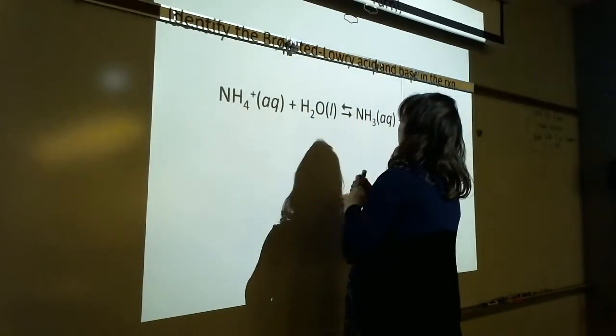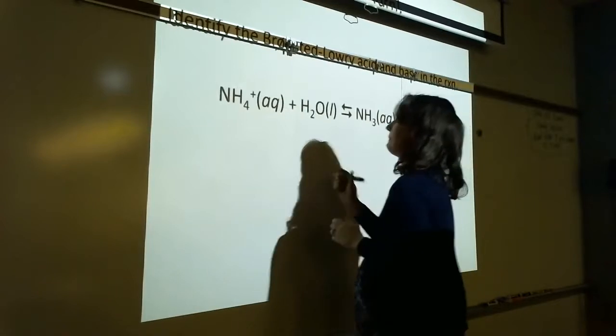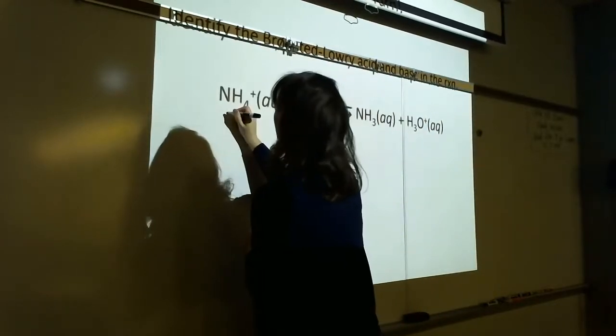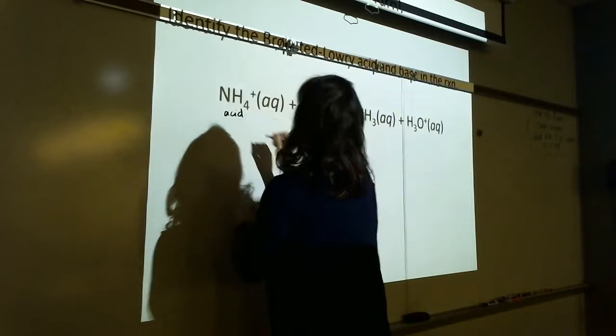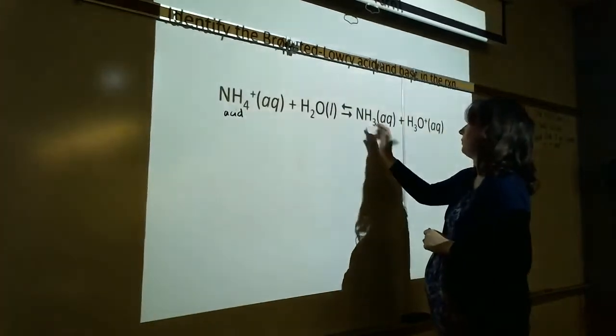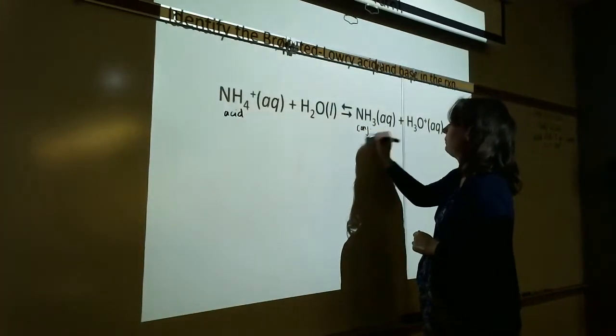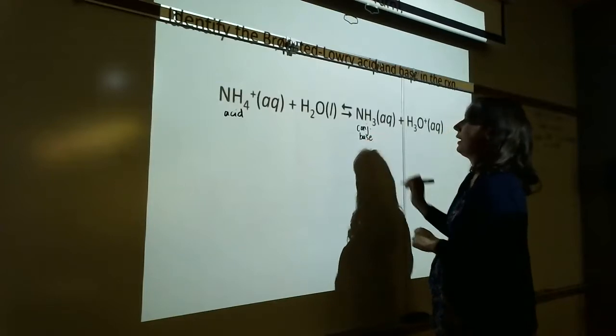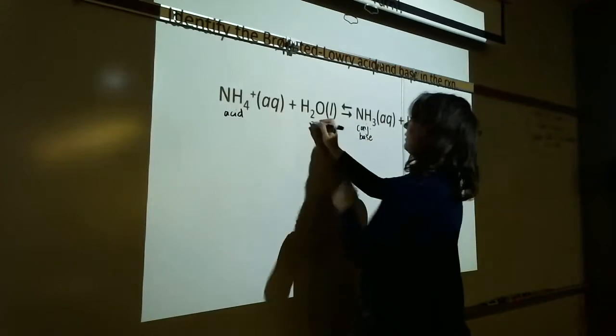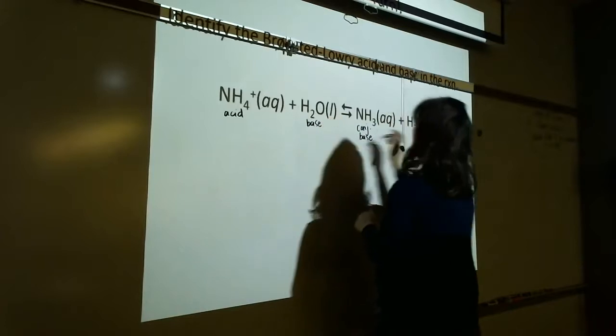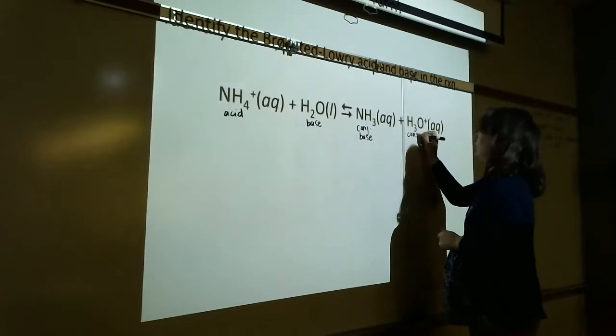NH4 going to NH3 makes it the acid. And so that makes this the conjugate base. And so if this is the base, that makes this the conjugate acid.